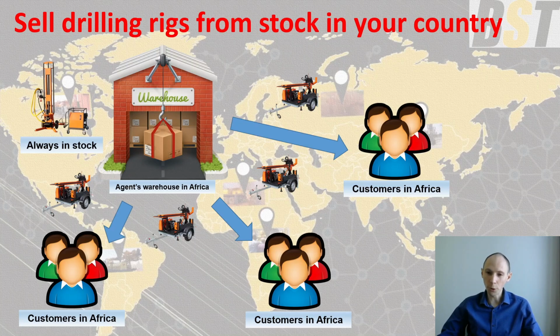So we also take care of you, the agent, and think about how you will sell our drilling rigs in the long-term run, not only this first stage deal. Okay, so this is very important.